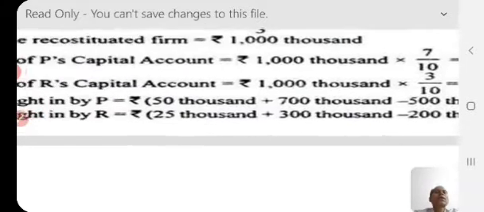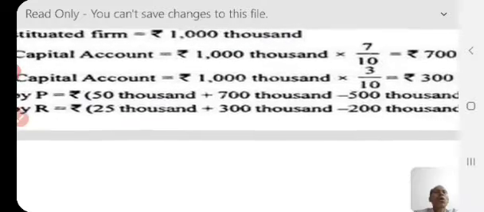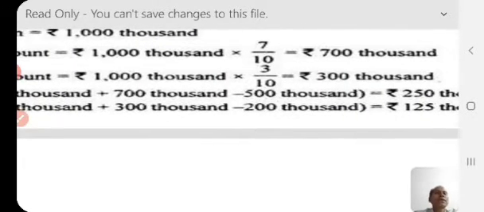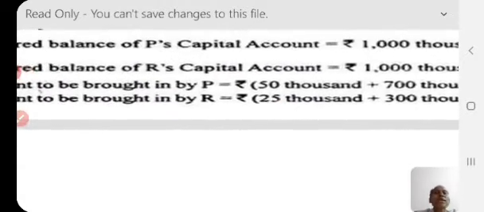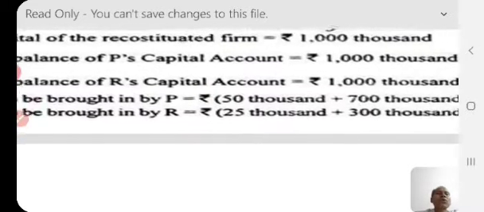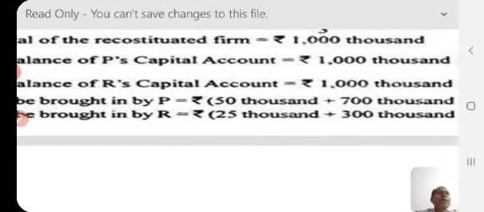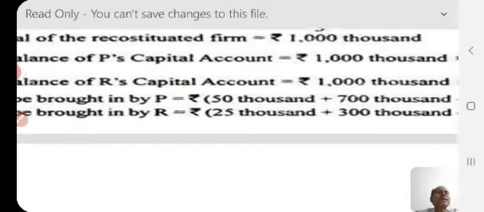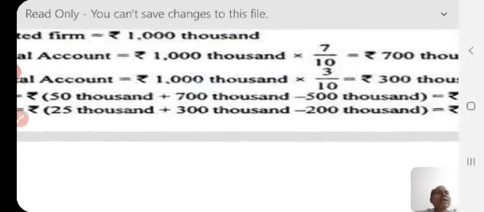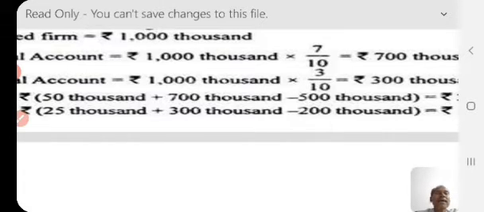Now, again, R's capital must be 1000 into 3 by 10, 300,000. Yes. Now, what is the present balance? Amount to be brought by P is 50,000 plus 700,000 minus 500,000 which exists in the firm.